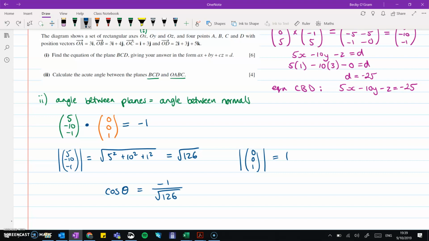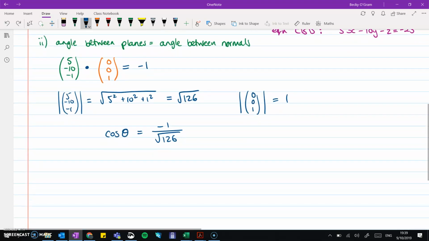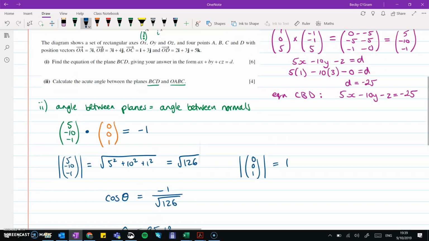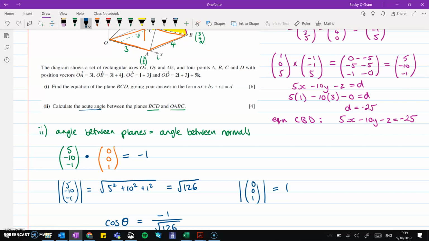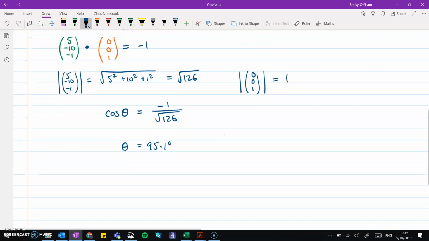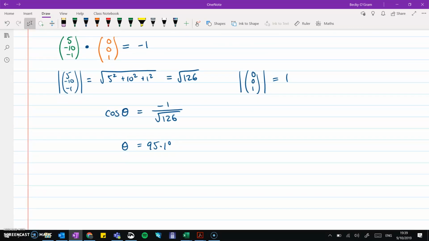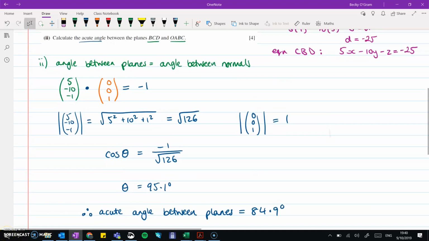And so then we can do inverse cos on that, so we get theta is equal to 95.1 degrees. Now the question asked us for the acute angle, so we just need to subtract that from 180. Answer of 84.9 degrees. Easy.